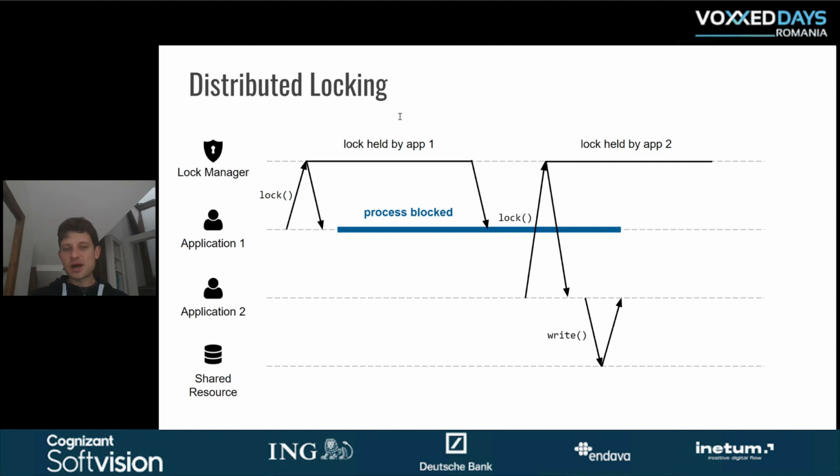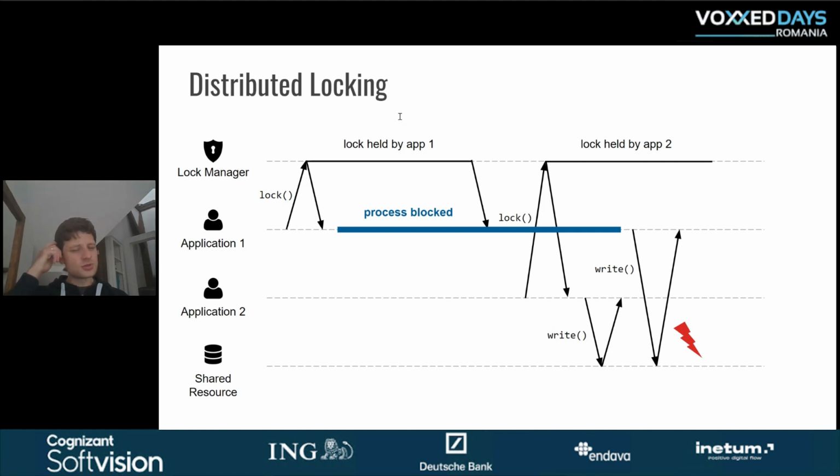But then application 1 wakes up and writes to the shared resource, because application 1 thinks at this point of time that it has acquired the lock. And that is a problem. That is a big problem actually, that corrupts the correctness of this whole algorithm.